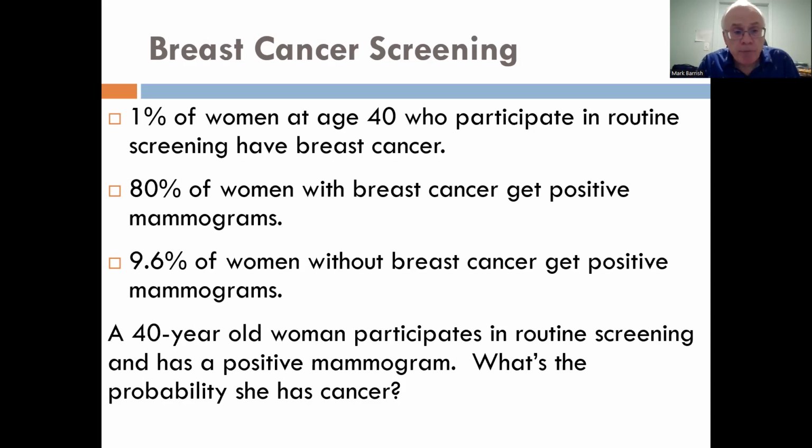They give you those three pieces of information, and then they say a 40-year-old woman participates in routine screening and has a positive mammogram. What's the probability she has cancer?